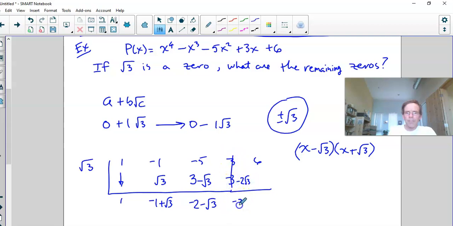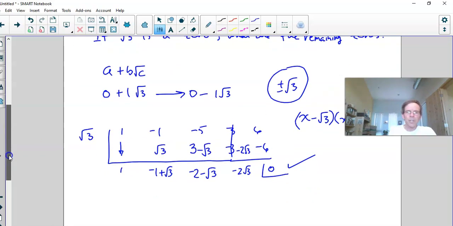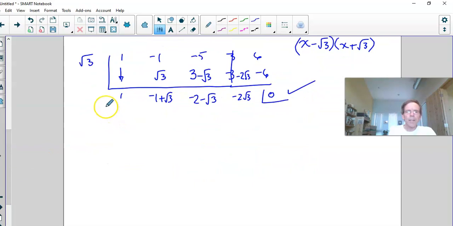We're left with negative 2 square root of 3 when we add this column here. Then we multiply again, and the square root of 3 times square root of 3 is 3. Multiplying by 2 is 6, and there's a minus, so it's negative 6. And just as we were told, it's a 0. We get no remainder when we do the division. That's good. All right, let's keep going.